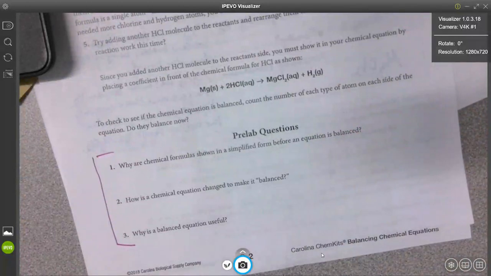Question 3 reads, why is a balanced equation useful? And here's your hint. Back in middle school, you did learn about matter cannot be created or destroyed. It's only repurposed. So we use balanced equations to mathematically prove that matter cannot be created or destroyed. It's only repurposed.